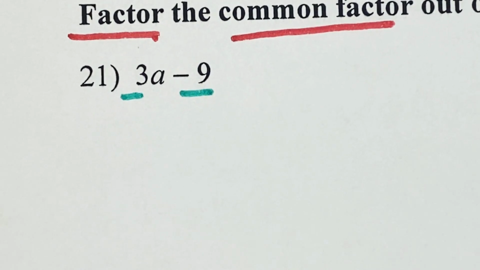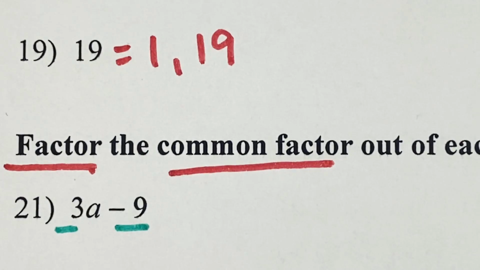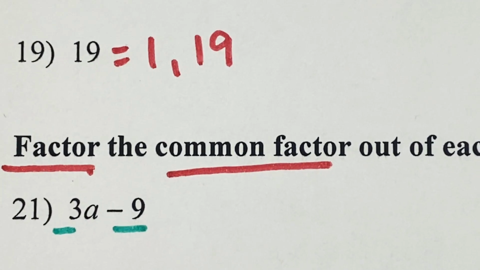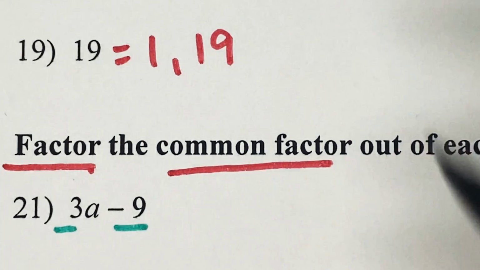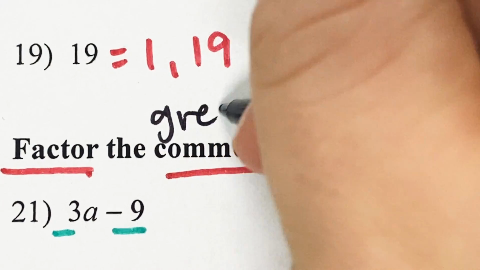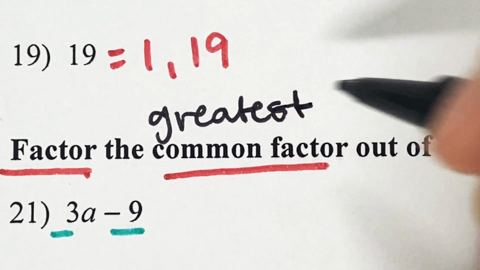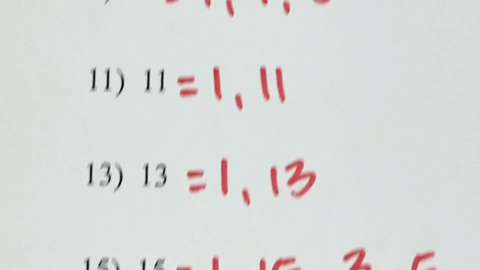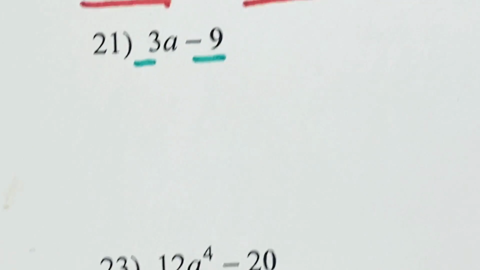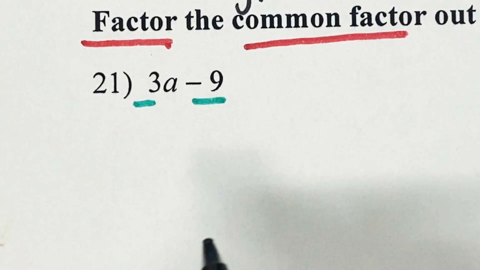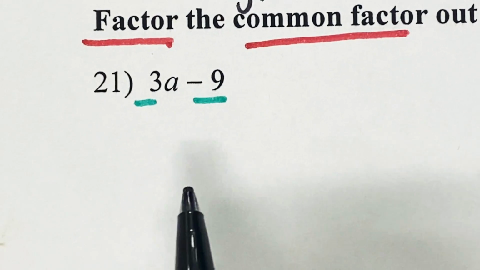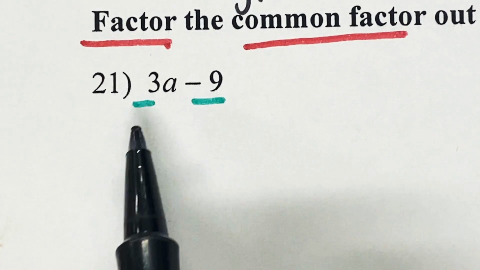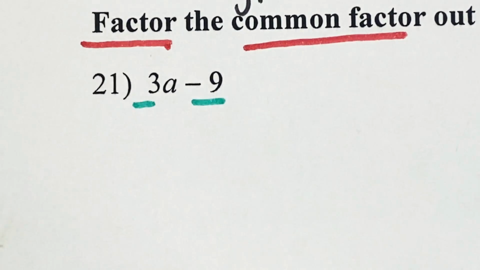Okay, so the common factor, and I'm actually going to add something to this. We don't want just the common factor, we want the greatest, meaning the biggest number that is on both of their lists. So look at your lists for 3 and 9. What is the biggest number that they both have on that list?